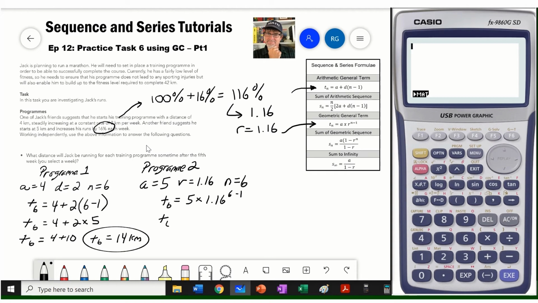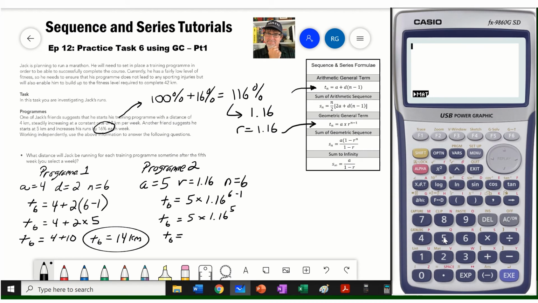That's just 5 times 1.16 to the 5th power. Now we're going to have to go to the calculator. Not necessarily the graphics calculator for this, but we will need it on the future questions here.